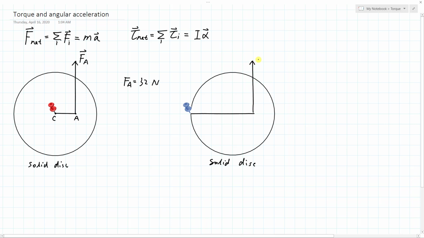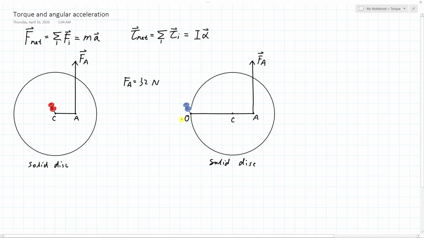So the applied force is applied at the same exact point and with the same exact magnitude. So here's A, here's C, and here I have a different spot, this is O.